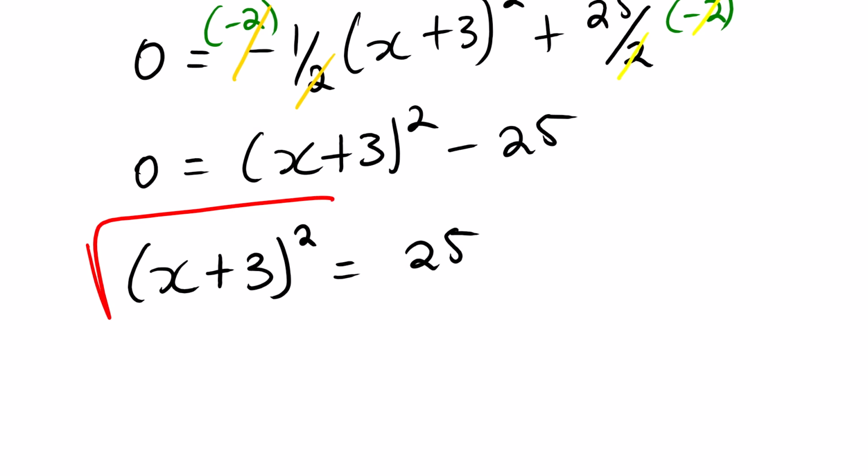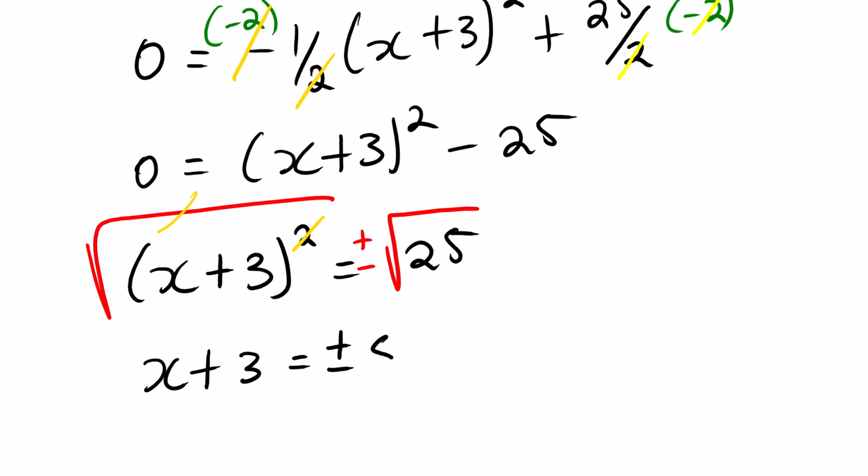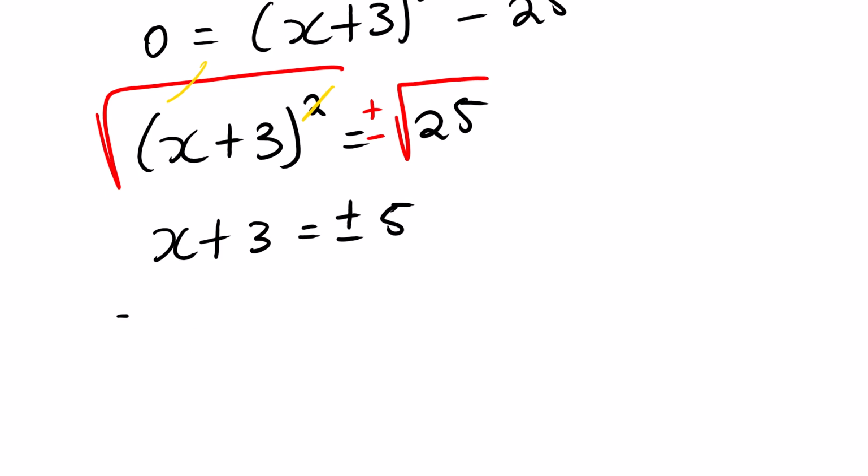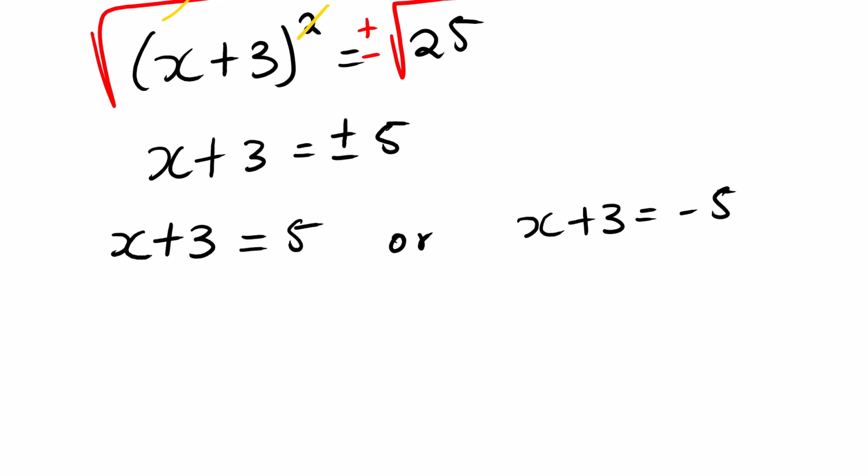And then we square root both sides. Remember, on the right hand side, you always put plus minus. Then the square root will get rid of the square. Then we have x plus 3 equal to, now square root of 25, plus minus 5. So we can actually write this in two ways. It's positive 5, or x plus 3 is equal to -5.